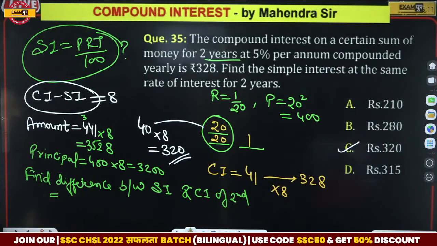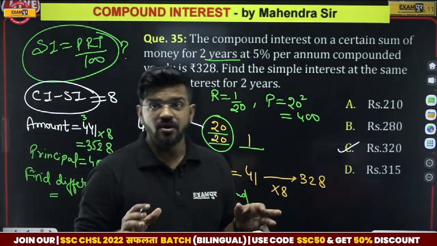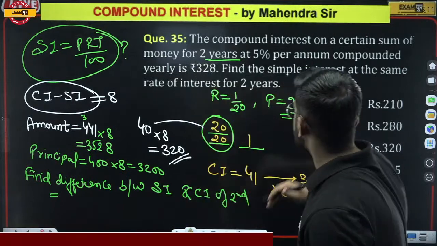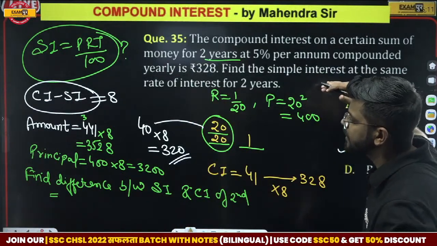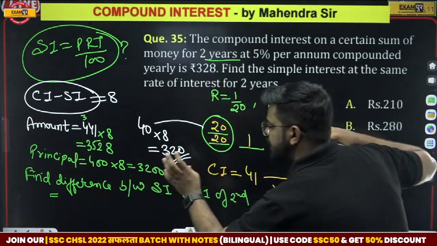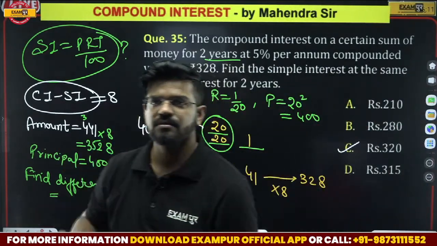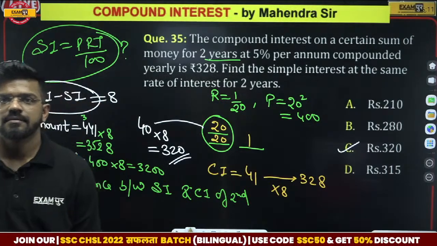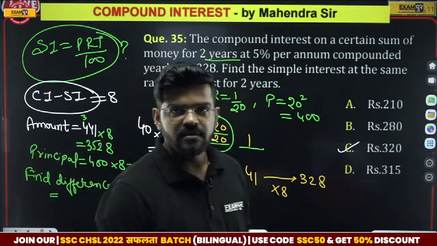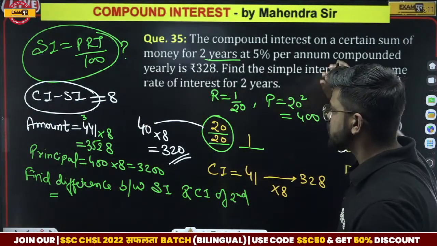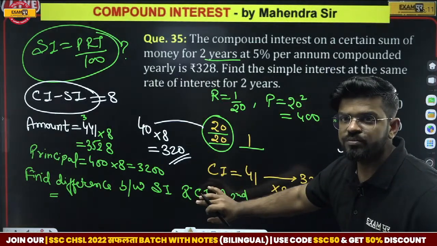They can also give the last line: find the difference between SI and CI at the same rate of interest for 2 years. They can complicate the same question by giving this to you, right?